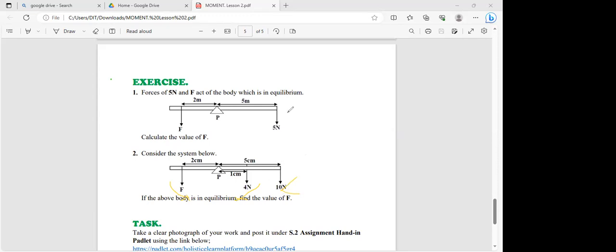So we'll be getting the 10 times the distance from the pivot. The distance of 10 from the pivot is 5 centimeters, and 5 centimeters is the same as 0.5.